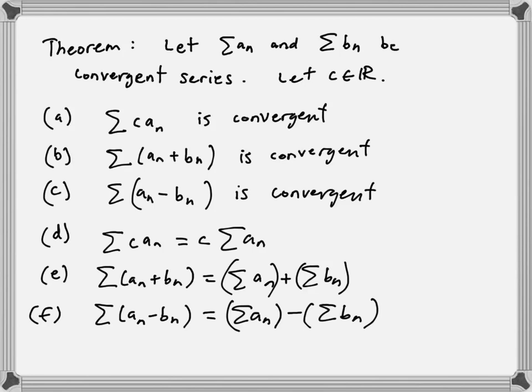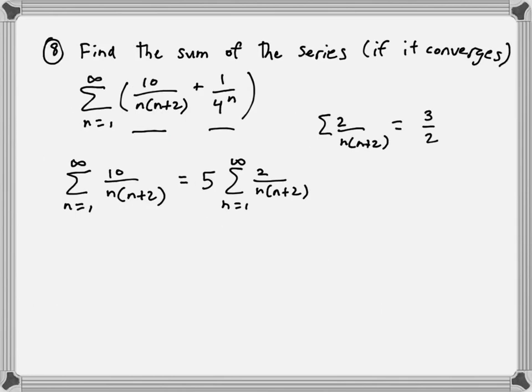You look here, this is saying that we can pull a number out, okay? So, what is this guy equal to? Well, we did the earlier example of 3/2, so this is really 5 times 3/2, which is 15/2. So cool, this guy converges.